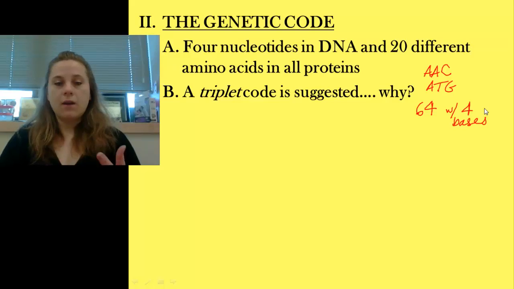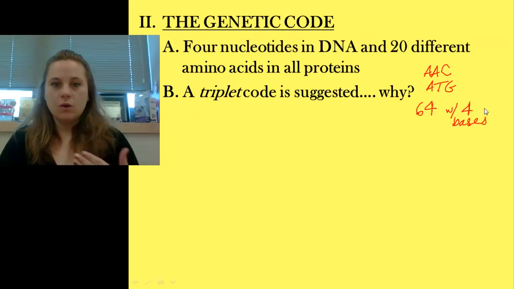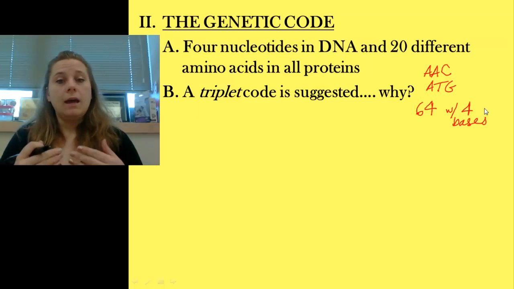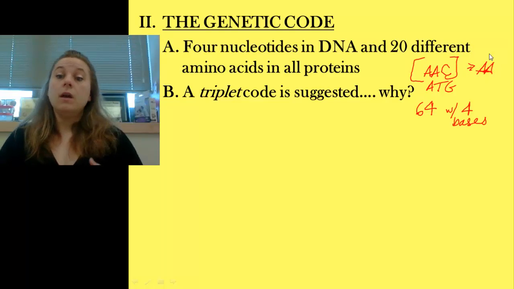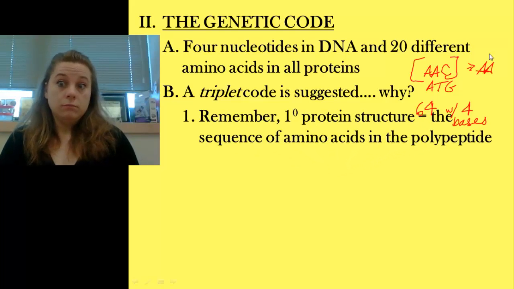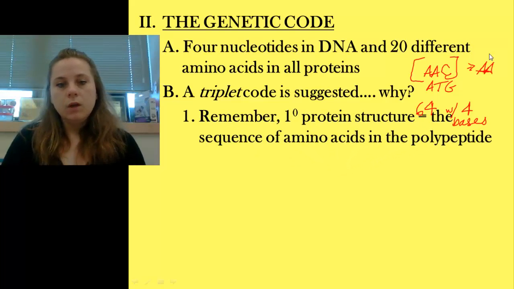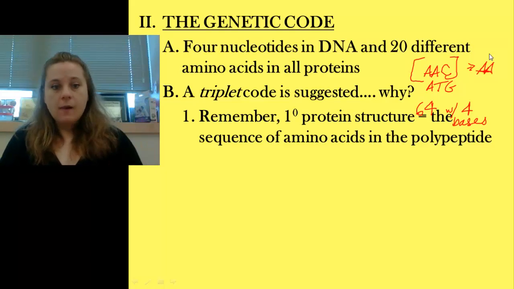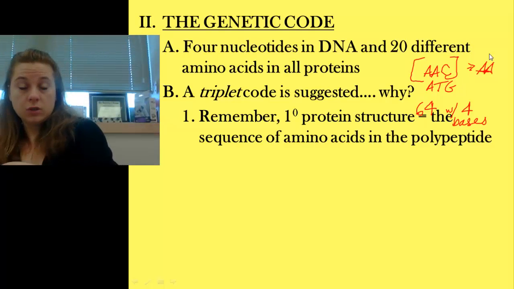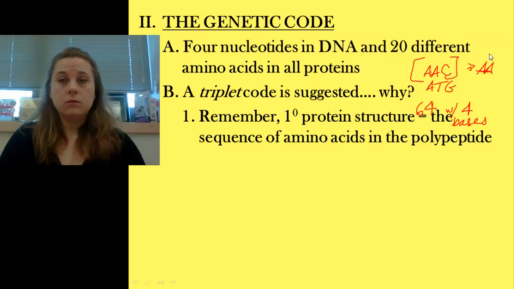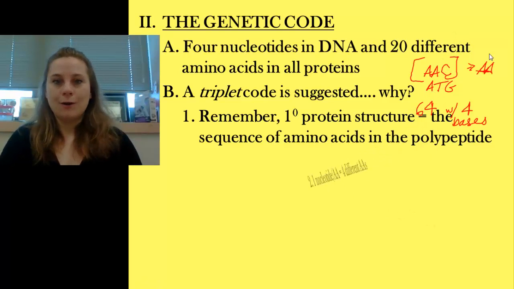Okay, so I can have AAA, I can have AAC, AAG, AAT, you know, and so on. And I can create 64 of those. And each one of these will end up coding for 1 amino acid, which can fill the difference. So the primary protein structure, going back, is all about that sequence of amino acids. So it's these triplet codes that are going to determine what amino acid goes in what order. And we're going to talk about how that works too.